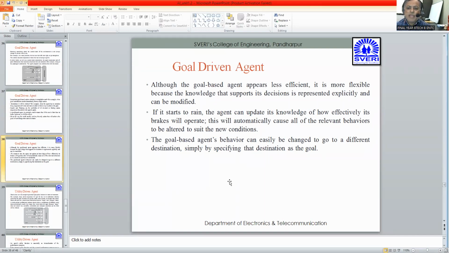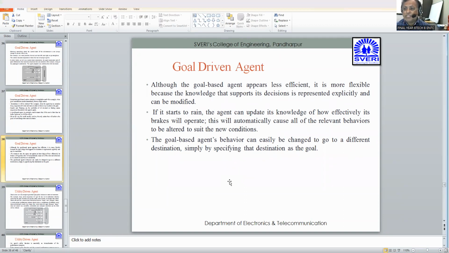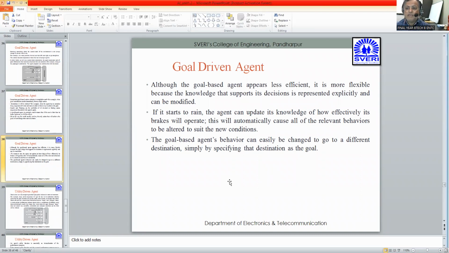If it starts to rain, the agent can update its knowledge of how effectively its brake will operate. This will automatically cause all of the relevant behaviors to be altered to suit the new conditions. When there was no rain, I braked, took the action, and took the decision accordingly, right. Now if the rain has come, then what? If there is rain, that means the update has to be acknowledged.